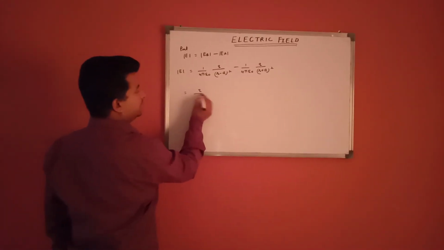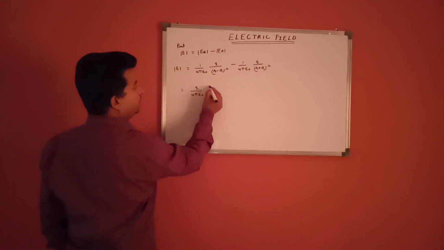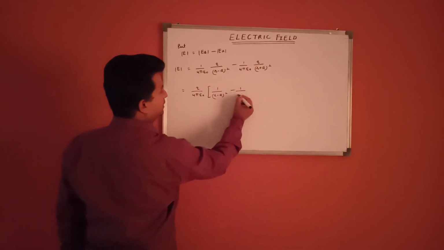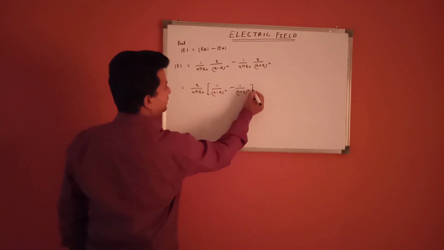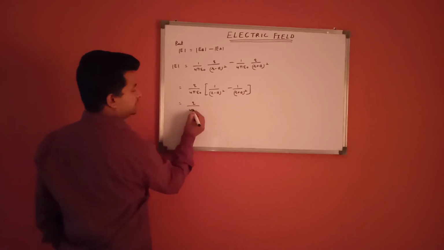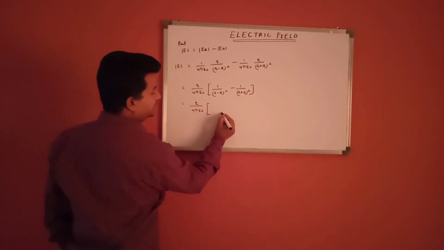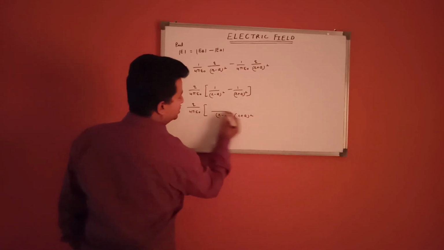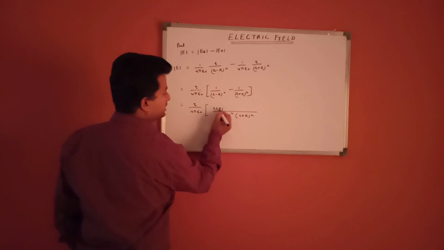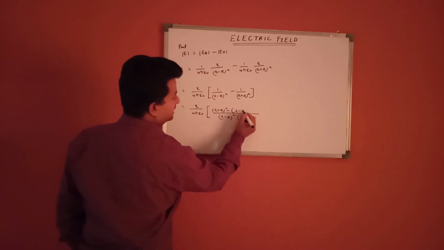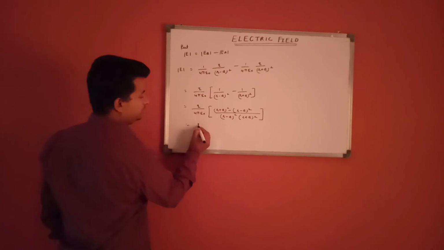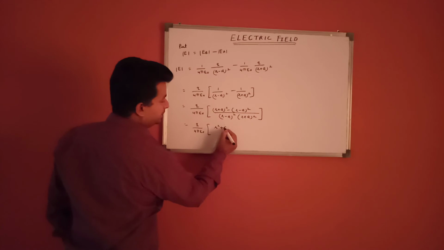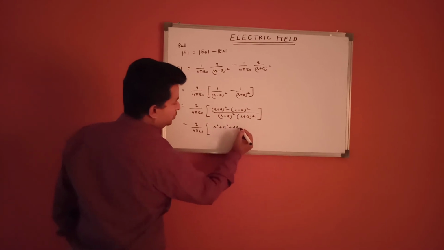In this, take q upon 4 pi epsilon naught common. Then the remaining terms are 1 upon (r minus a) whole squared minus 1 upon (r plus a) whole squared. After this, take the LCM of these two quantities, (r minus a) whole squared and (r plus a) whole squared. The numerator becomes (r plus a) whole squared minus (r minus a) whole squared, giving r square plus a square plus 2ar minus the other expansion.